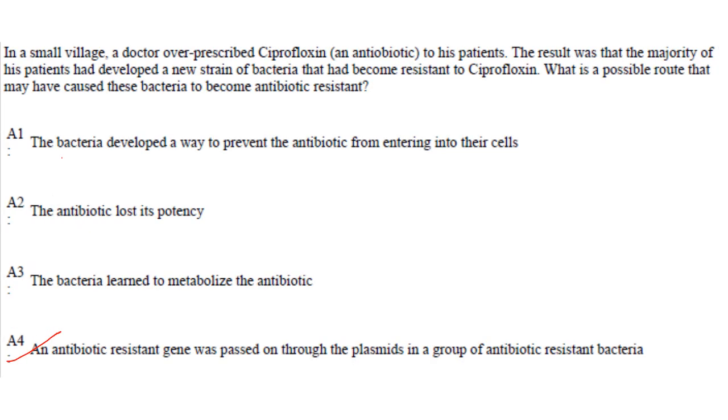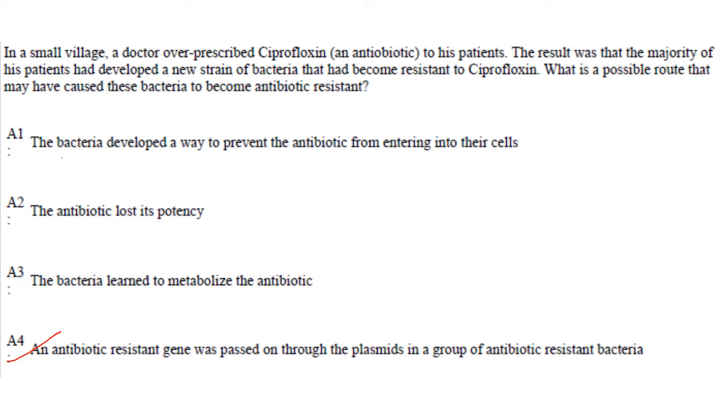Then next one. In a small village, a doctor overprescribed ciprofloxacin, an antibiotic, to his patients. The result was that the majority of his patients had developed a new strain of bacteria that have become resistant to ciprofloxacin. What is the possible route that may have caused these bacteria to become antibiotic resistant? First option is the bacteria developed a way to prevent the antibiotic from entering their cells.